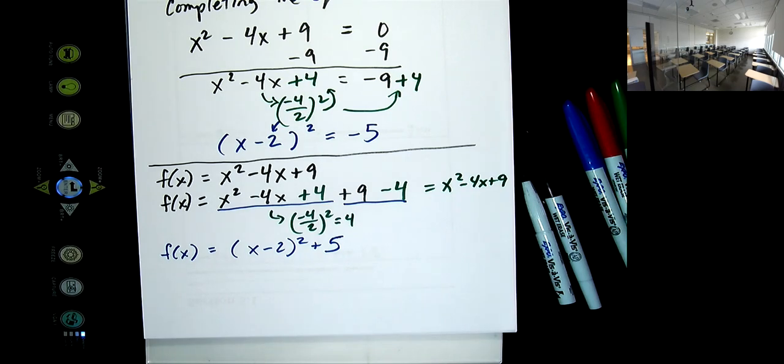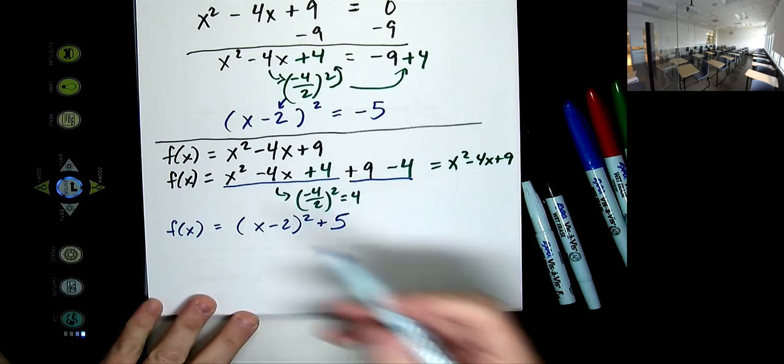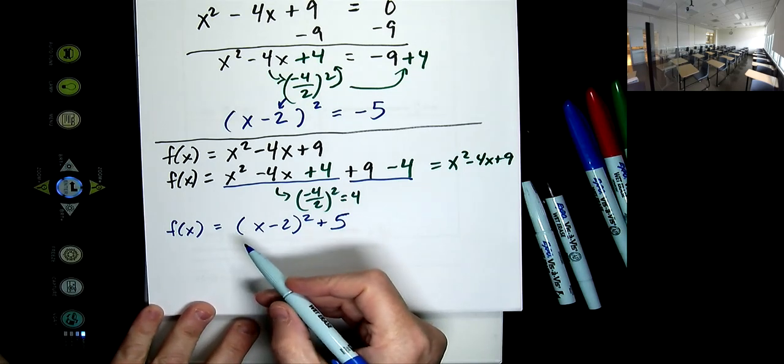And as we're going to see later today, this is in the form of what we had.